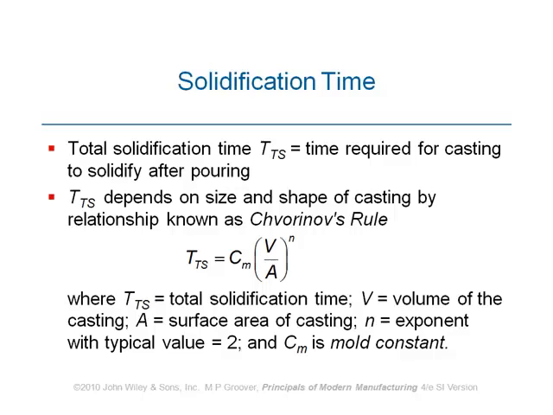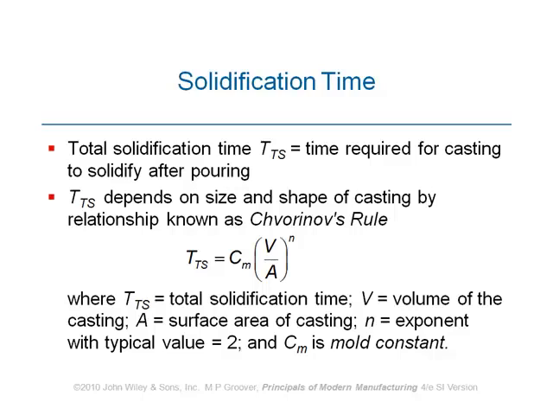We want to design the die in a way that the riser solidifies after the cavity or after the part. If we can compute the solidification time by making use of this equation for the cavity and also for the riser, then we can design it in a way that the riser always solidifies after the part or cavity. So this is an important equation.